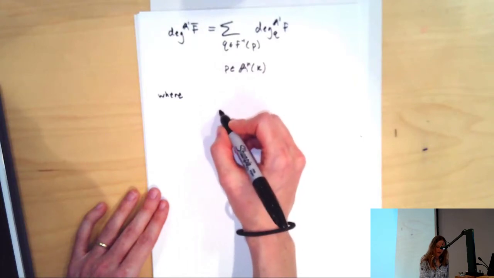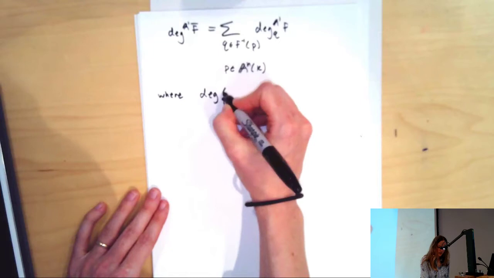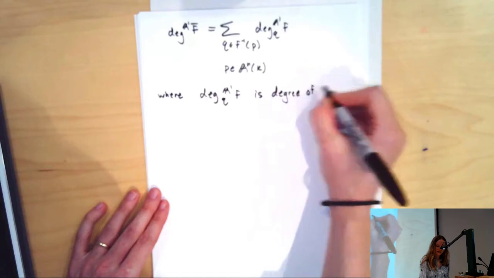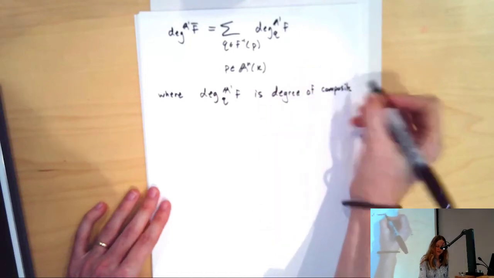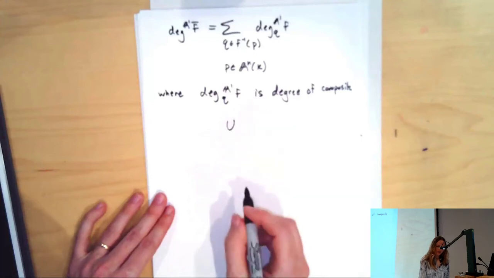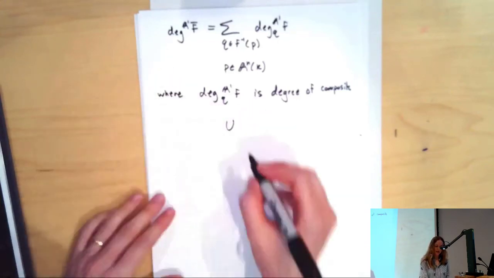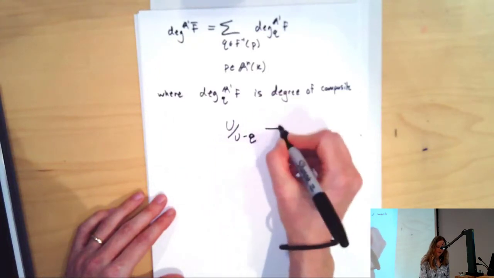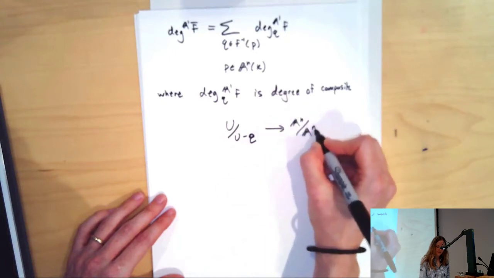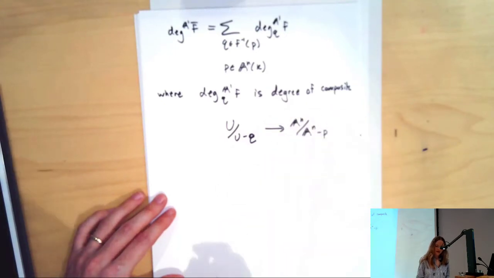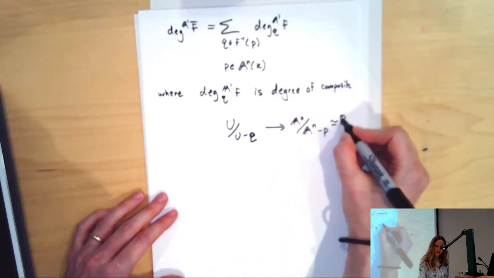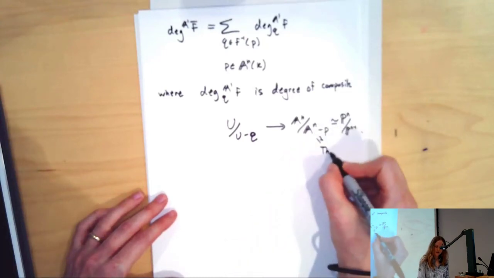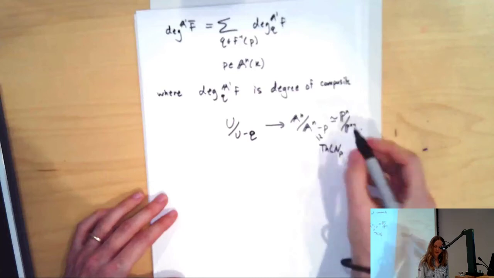So the local A1 degree at q of f is the degree of the following composite map. We can choose an open set such that q is the only element mapping to p, and then we have a well-defined map, and since this is k-rational, we saw that this is Pn over Pn minus 1. This is purity here. It's the Thom space of the normal bundle, which is then the tangent bundle.